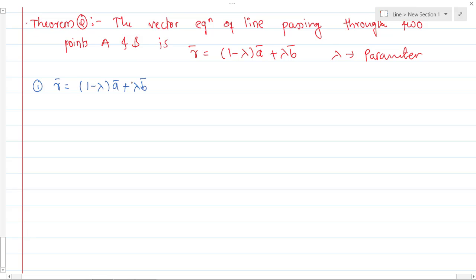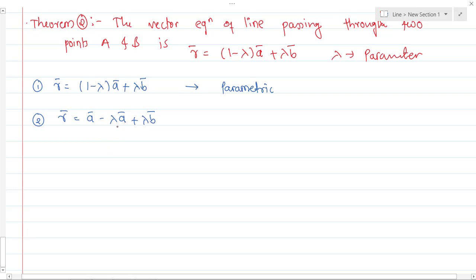Then what can be the other concepts? So this is nothing but the parametric form. Okay, so if I open this I will get r bar is equals to a bar minus lambda a bar plus lambda b bar.